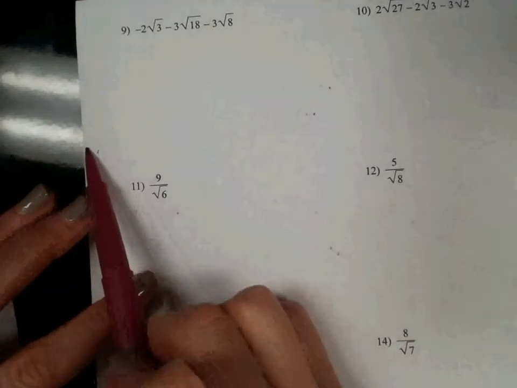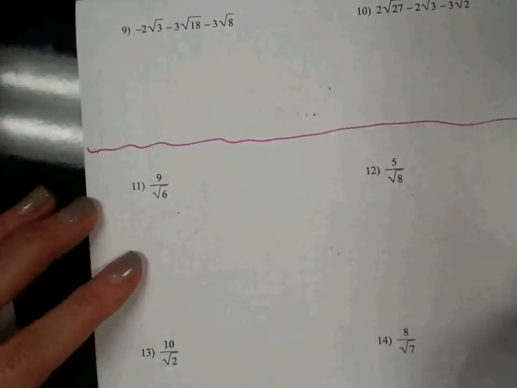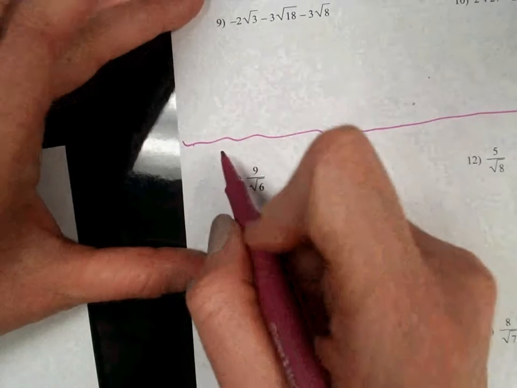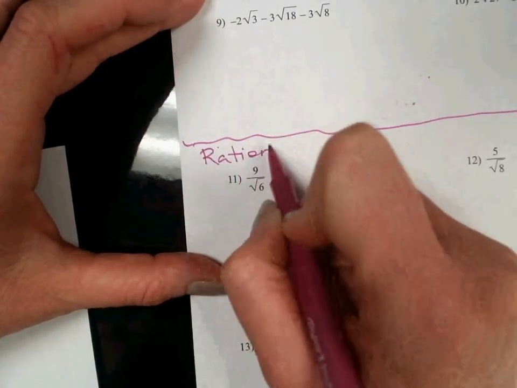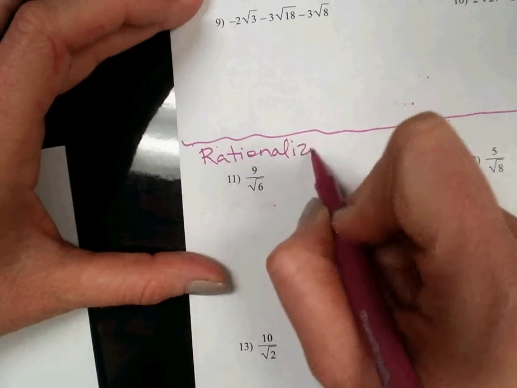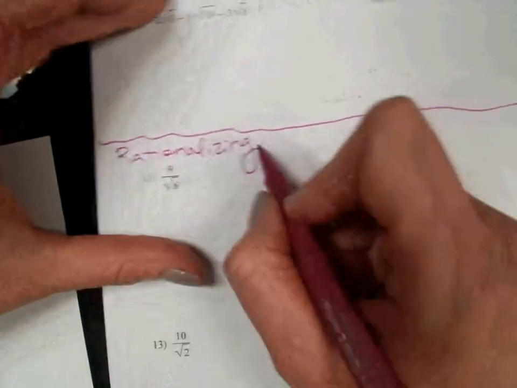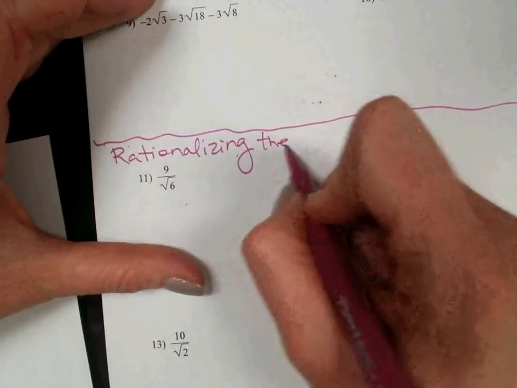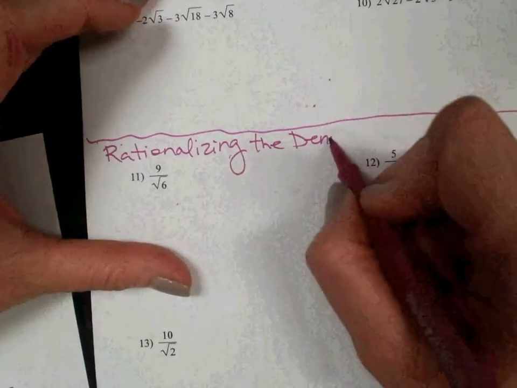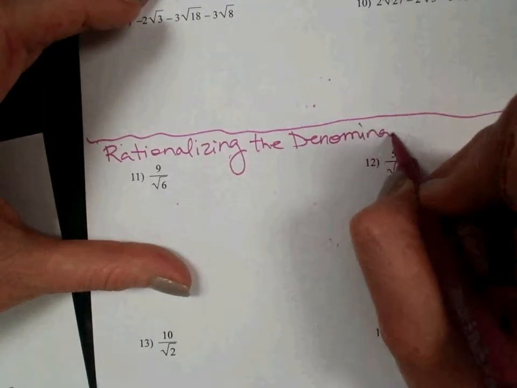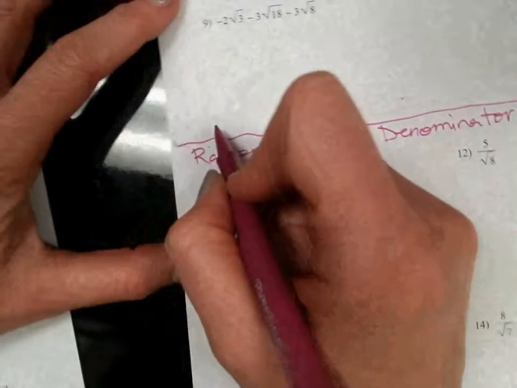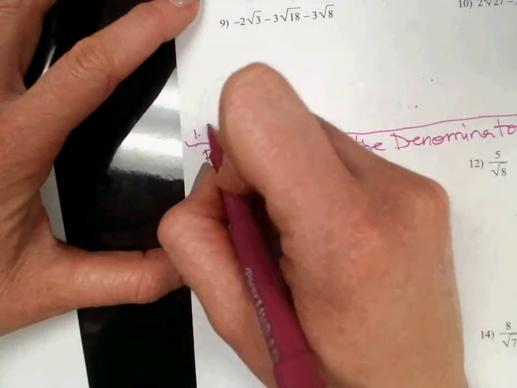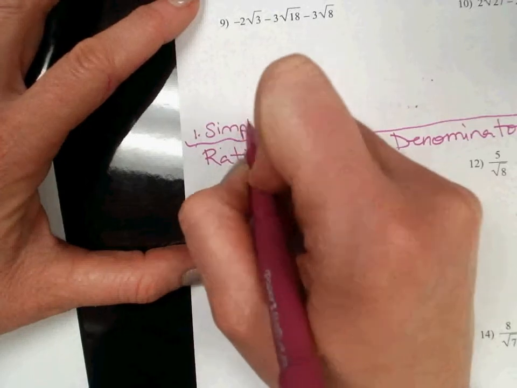Next up, on the back, there's a divide after number 10. Number 11 is a new section of simplifying, still simplifying. But specifically, we're going to be rationalizing the denominator. And that's going to happen in 3 steps. Step number 1, simplify.